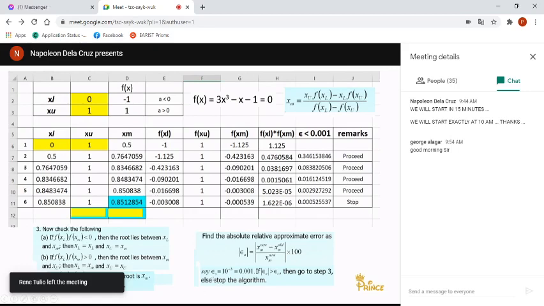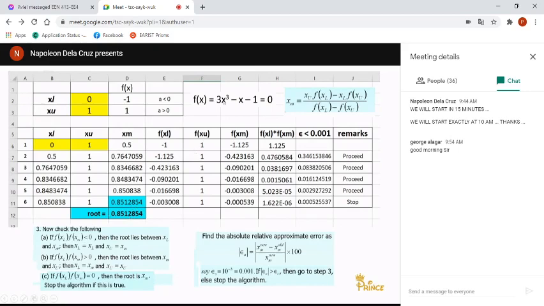Say yes, then go to step 3. Otherwise, stop the algorithm. Okay? Stop the algorithm. So therefore, we now have the root. The root of this equation is equal now to 0.8512854.